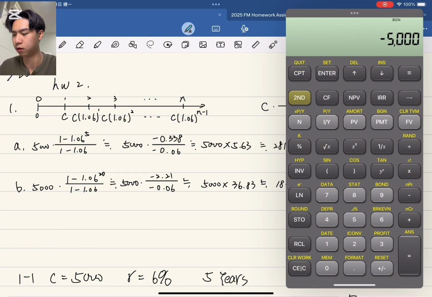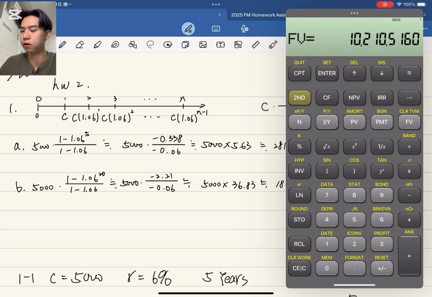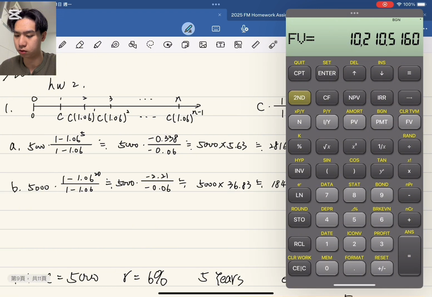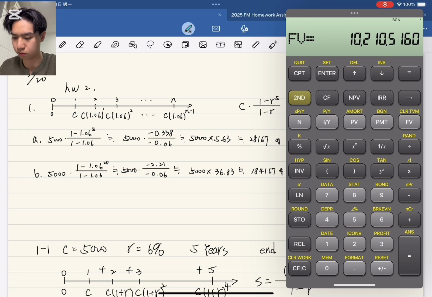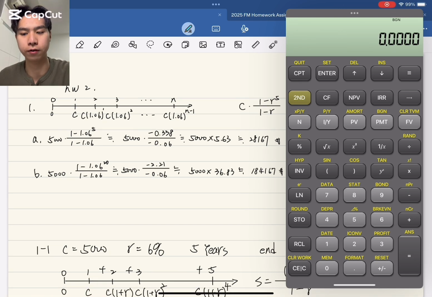Okay. Now we compute the future value. Compute future value. Okay. Sorry, I forgot to change the function.